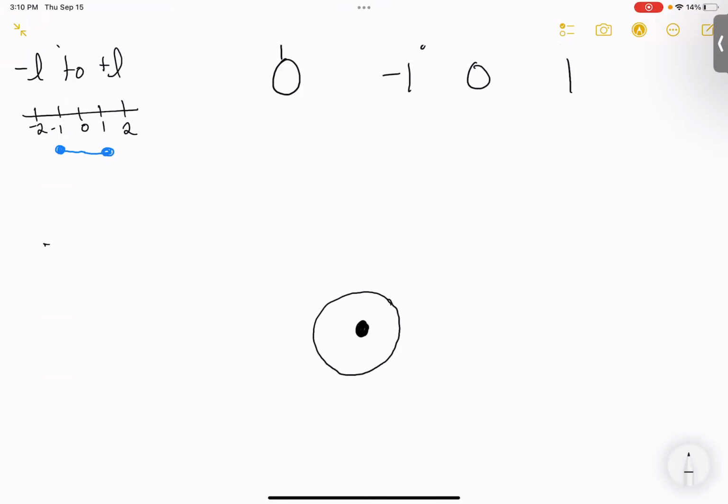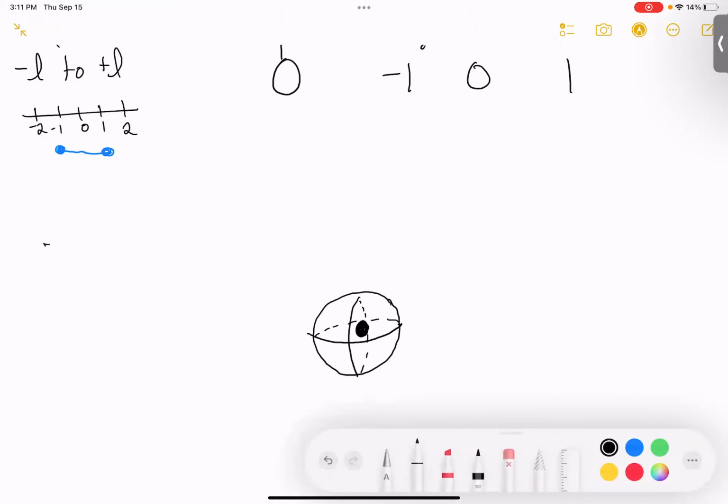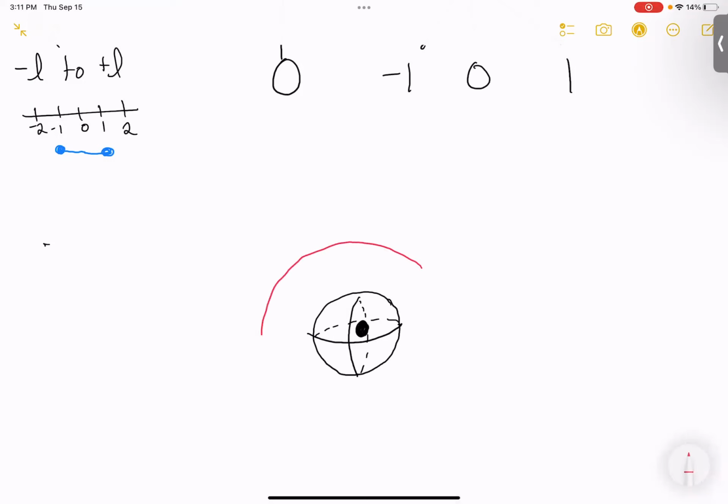So you don't do the two until you've done the one. Now in our second shell, which I'm going to do in a different color to make it a little more obvious, you have a sphere around the nucleus.